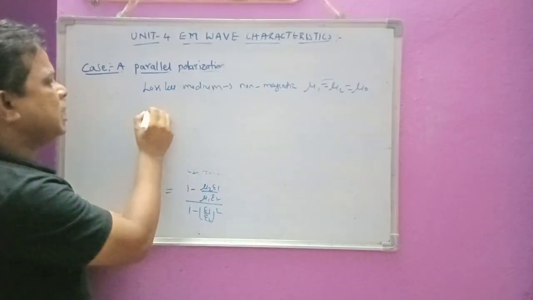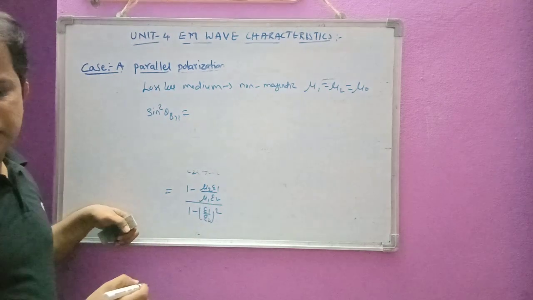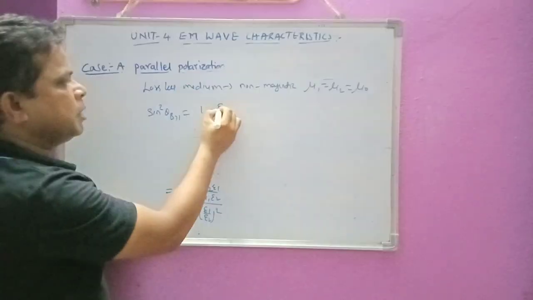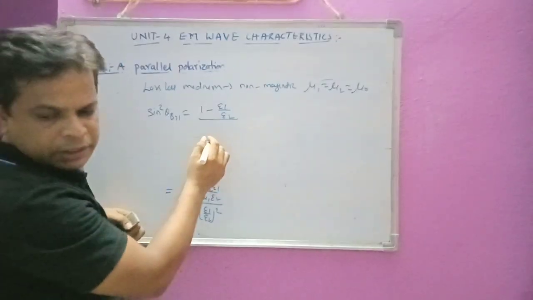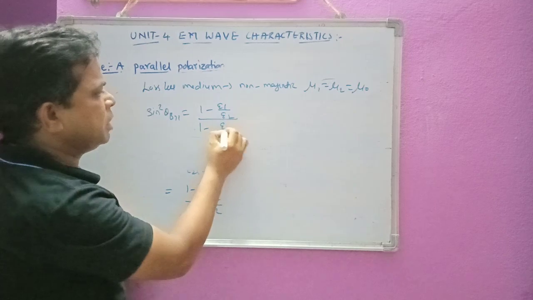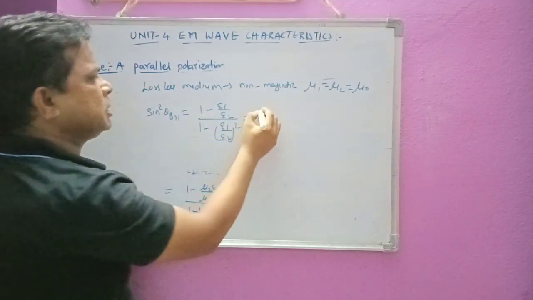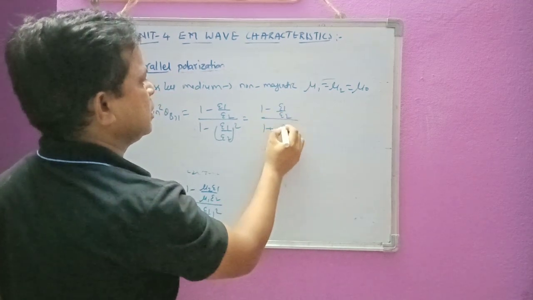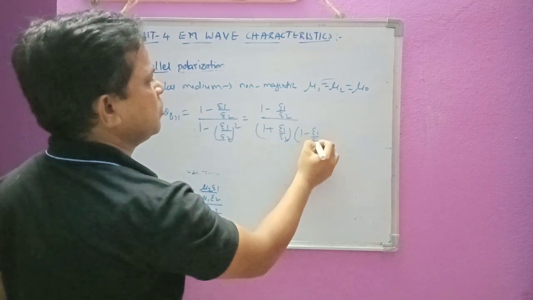Okay, I can write here sin square theta b parallel as 1 minus epsilon 1 by epsilon 2 by 1 minus epsilon 1 by epsilon 2 whole square. Okay, so I can write this equation as 1 by 1 plus epsilon 1 by epsilon 2 into 1 minus epsilon 1 by epsilon 2.